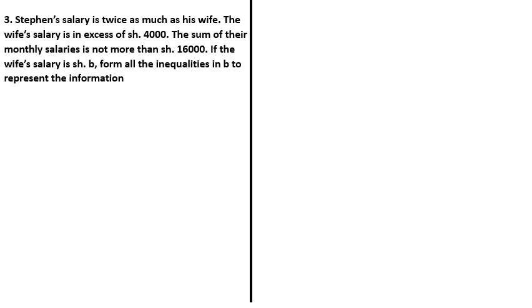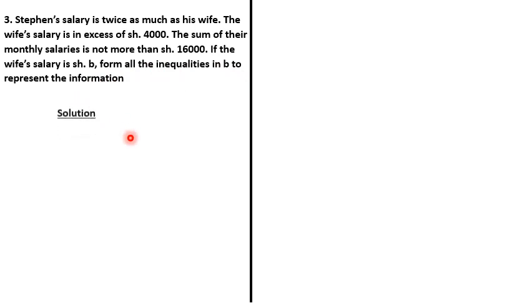So here we have the salaries of 2 people, a man and his wife, and the salary of the man is twice that of his wife. The wife's salary is in excess of shillings 4,000. In excess, we said, represents more than. The sum of their monthly salaries is not more than 16,000. Not more than, we said, is less than or equal to.